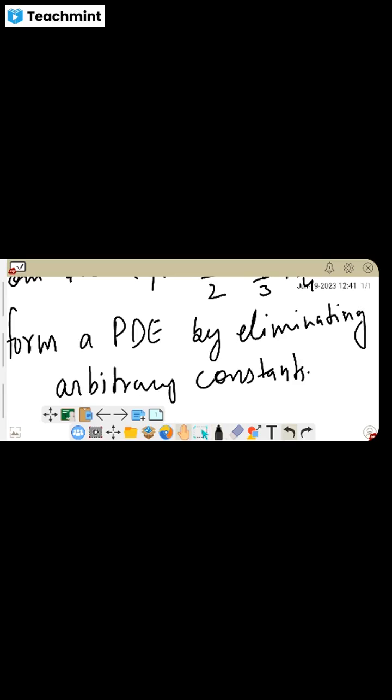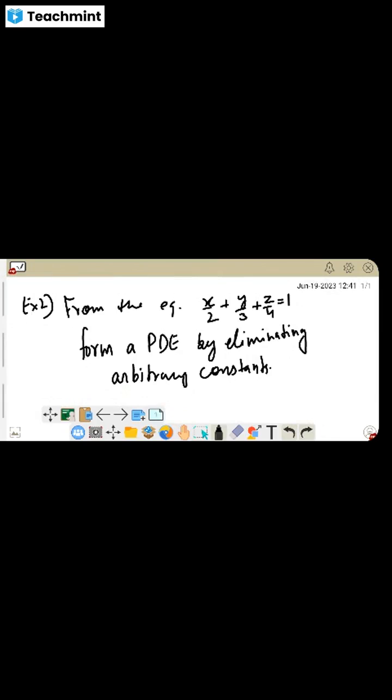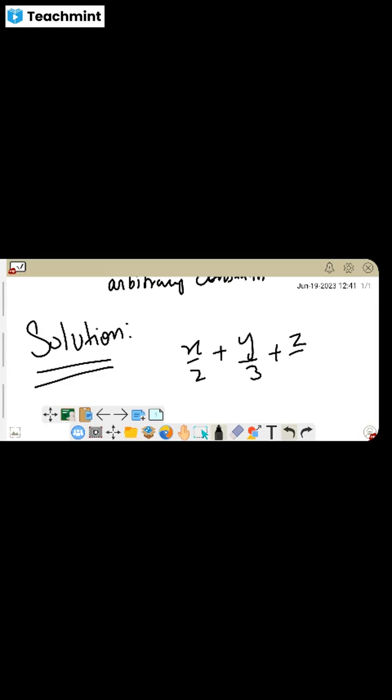So we have this equation and we need to form a PDE. So let's do it. We have this equation x over 2 plus y over 3 plus z over 4 is equal to 1.